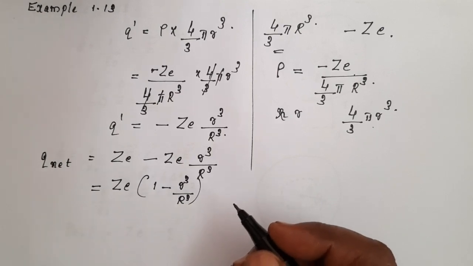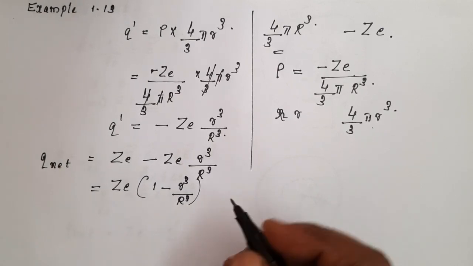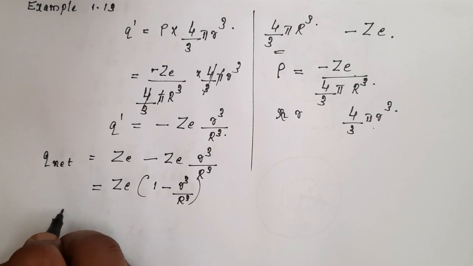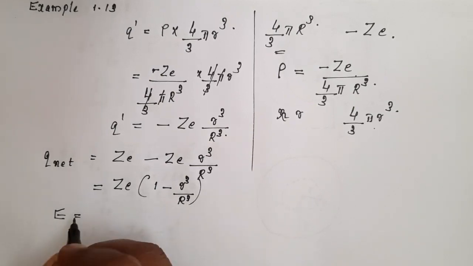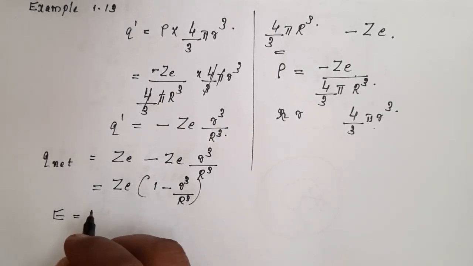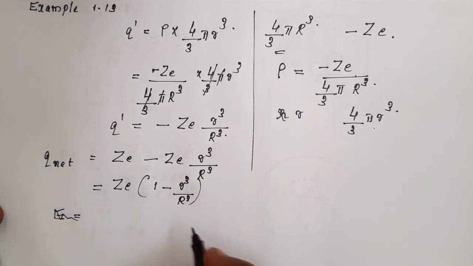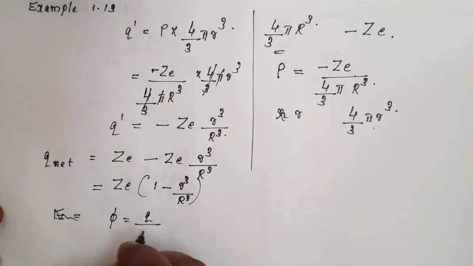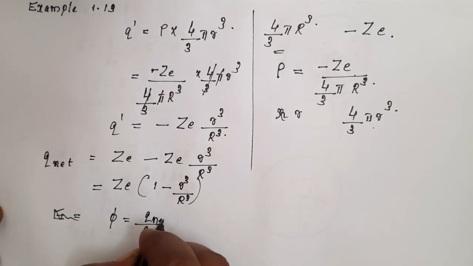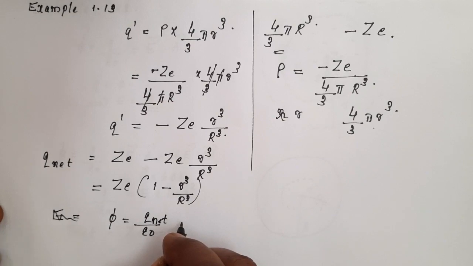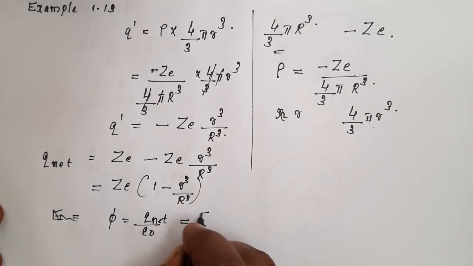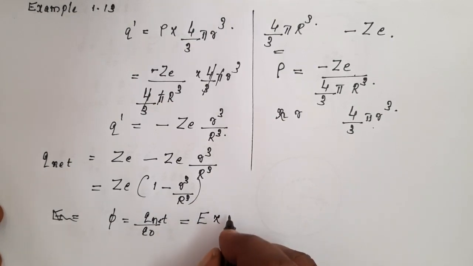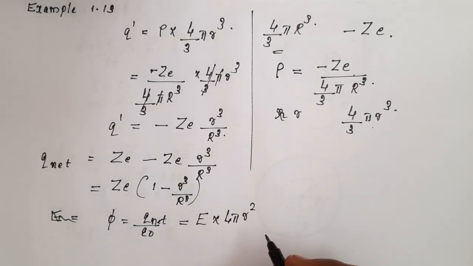Now our aim is to find the electric field. So our electric field E is equal to... So what is our equation? We'll start with the equation phi is equal to Q by epsilon 0, that is Q net by epsilon 0, equal to E into the area, which was 4 pi r square. This was our expression.